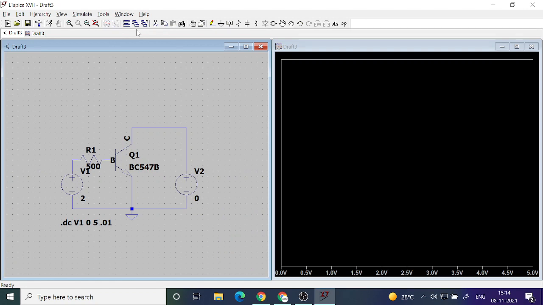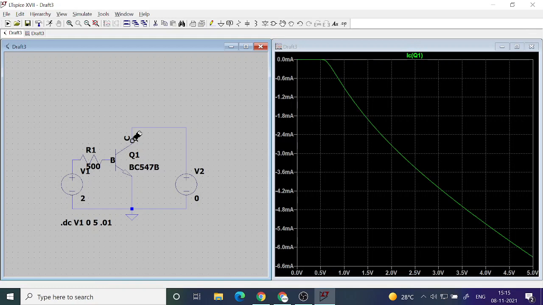Now, coming to your question. Okay, so when you find the current here, I would like to plot this current. So you can see that it is negative.